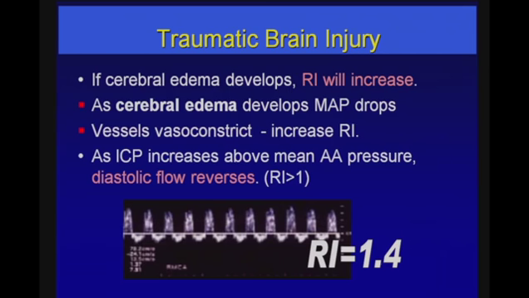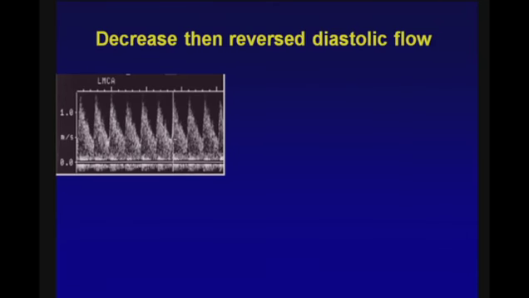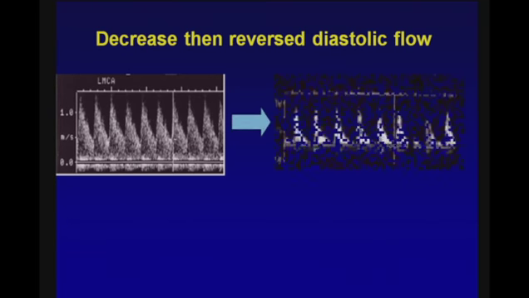As edema increases, you get less flow in diastole, and you may actually get reversal of flow when the intracranial pressure increases above mean arterial pressure. So here we see a pattern of trauma where initially there's some vasodilatation with increased flow in diastole.